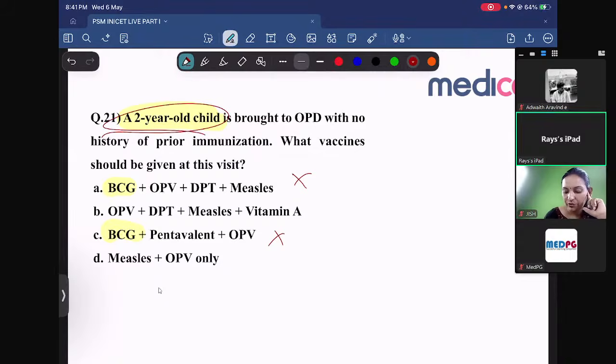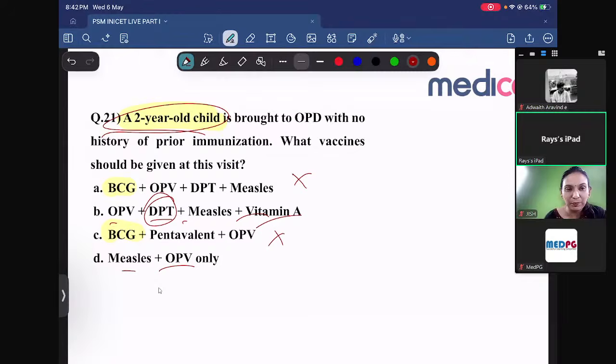Now you're left with DPT, measles, OPV, and vitamin A. So DPT is the determining factor. It's either penta or DPT. The pentavalent vaccine is given only till 1 year of age.